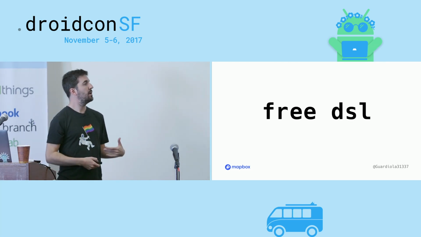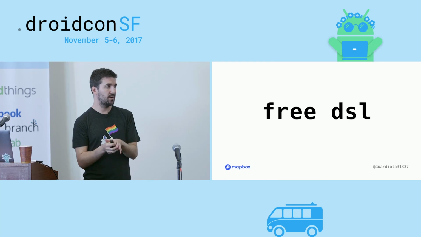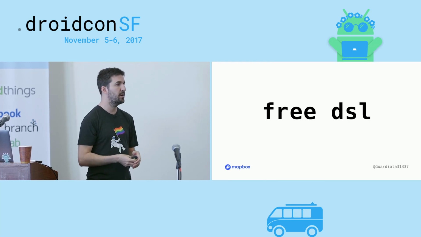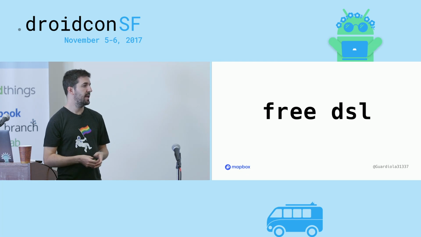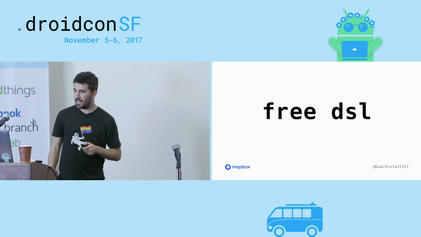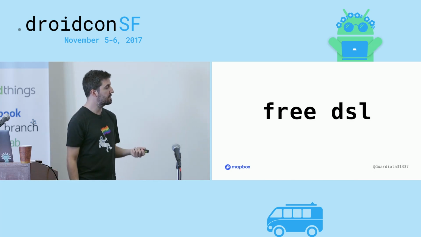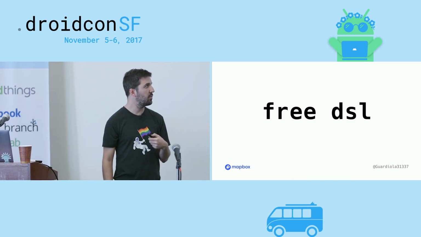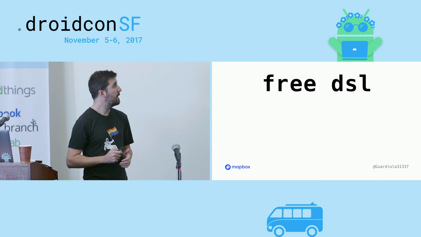But as I told you, using Arrow does not restrict you from taking advantage of the language features. So let me explain the steps you need to follow if you want to create a DSL this way.